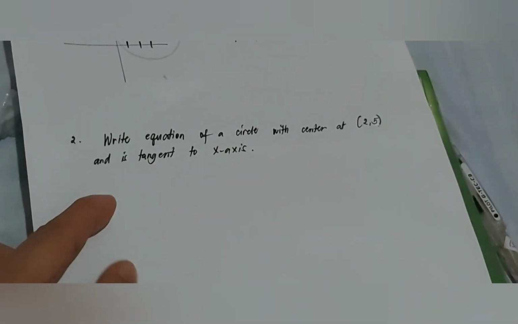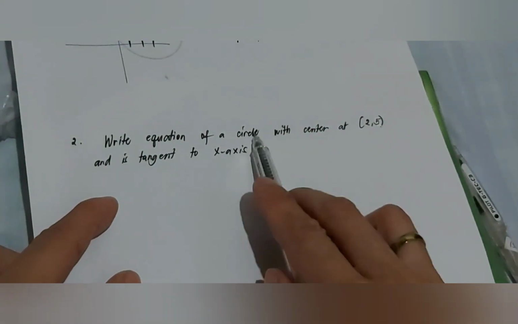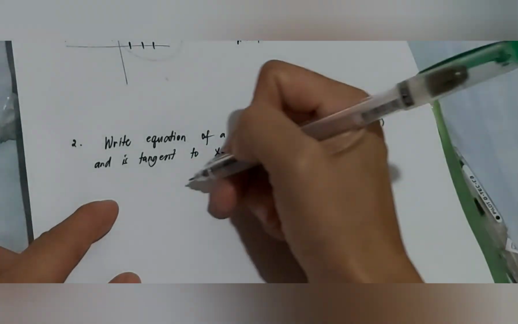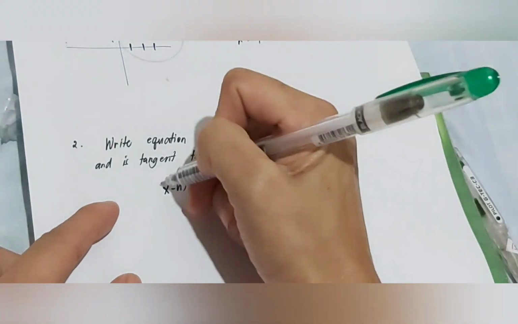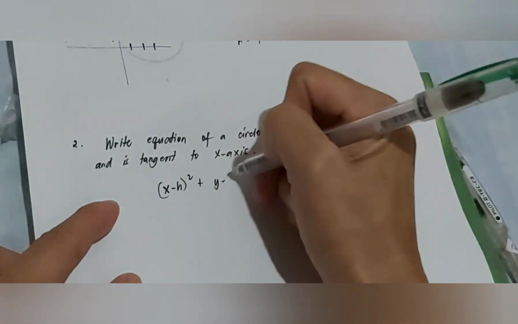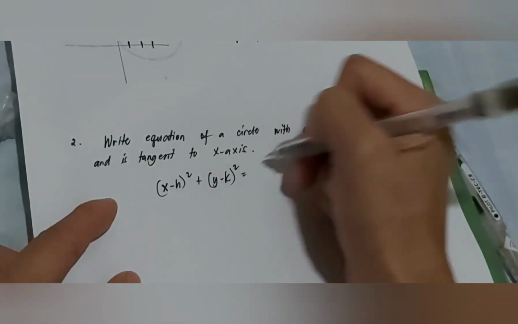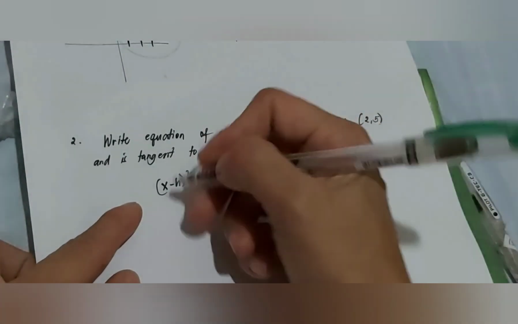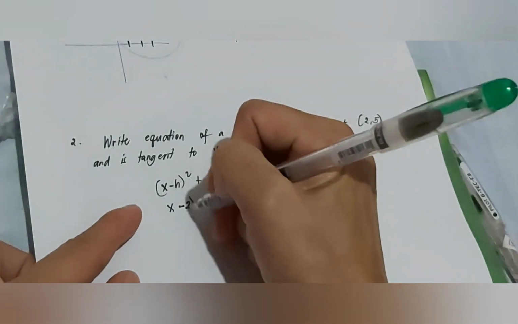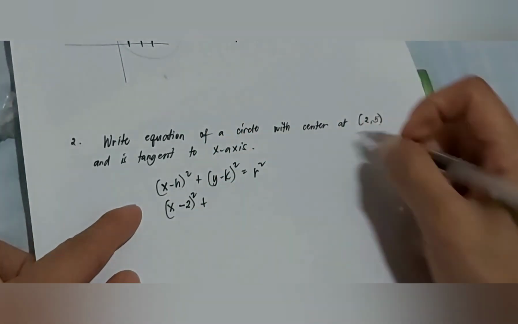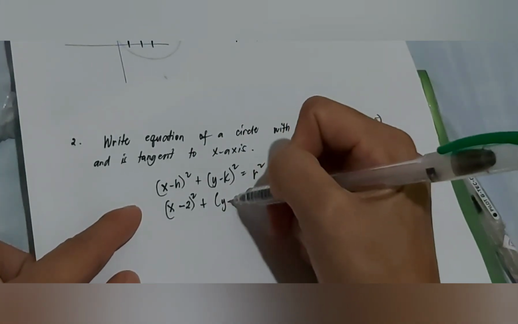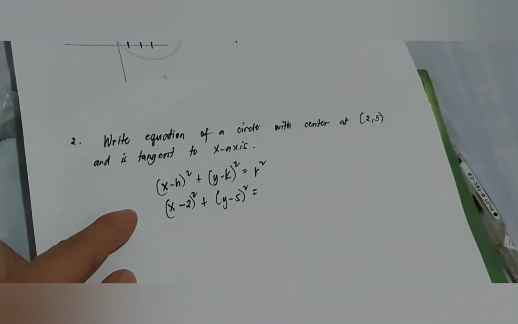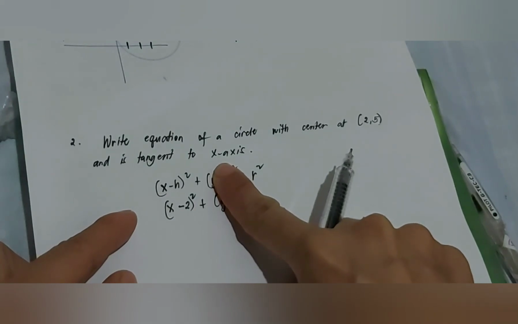Ito, kaya natin wala ng graph. Write the equation of a circle with the center at 2 and 5. So, from that, gawin natin yung x minus h squared plus y minus k squared equals r squared. So, meron tayong h and k. So, that's x minus 2 squared plus y minus 5 squared equals, so, x-axis tayo tangent.